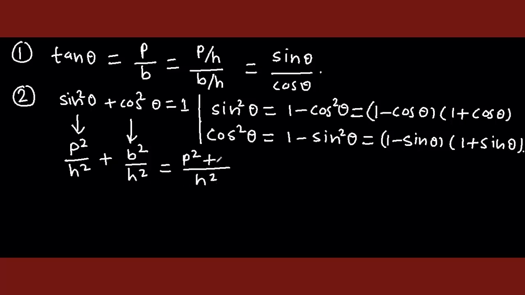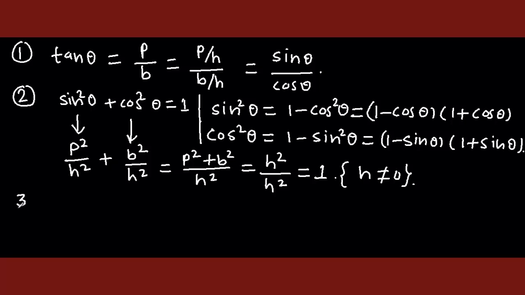So in the numerator we will be getting p square plus b square, and from Pythagoras theorem, that is h square. So this is equal to 1. Okay, since h is not equal to 0, hypotenuse can't be equal to 0, we can divide by h square. Okay, so this is equal to 1. So this is the proof for sine square theta plus cos square theta is equal to 1.